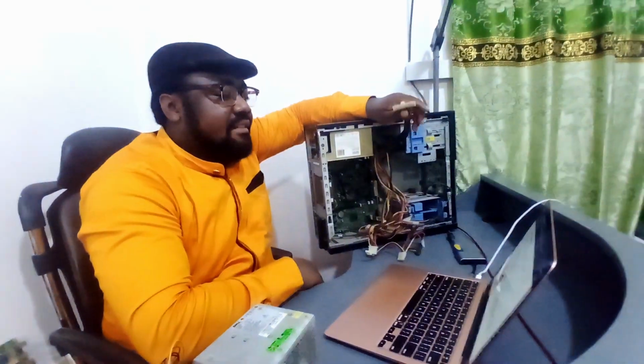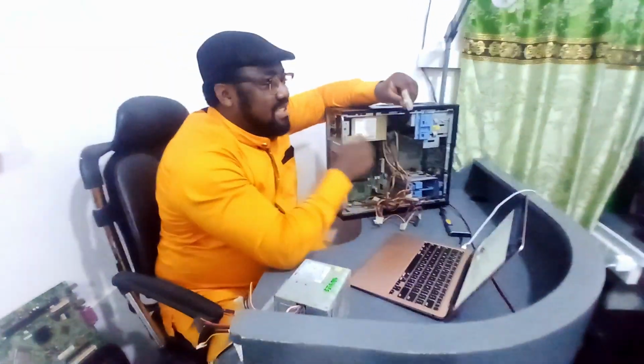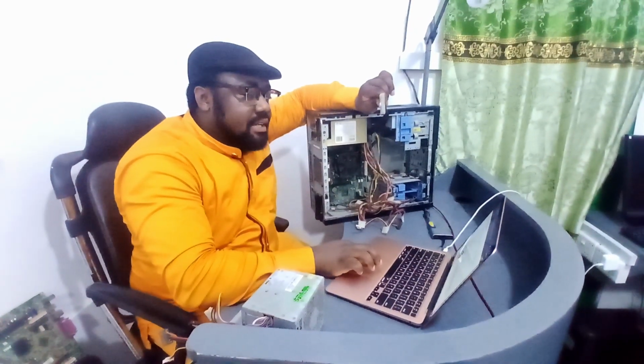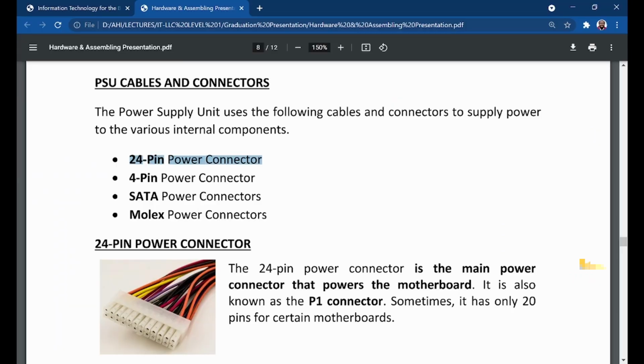Okay, the first one we'll talk about is this big one here. That is what is showing on the screen. The first one showing on the screen here says the 24-pin power connector. Can you see it? 24-pin what?